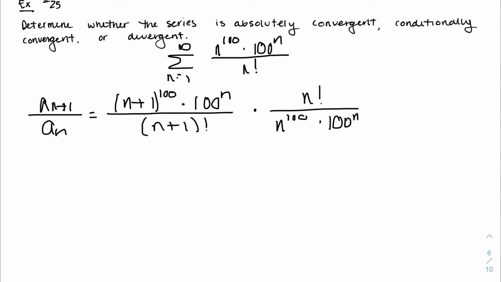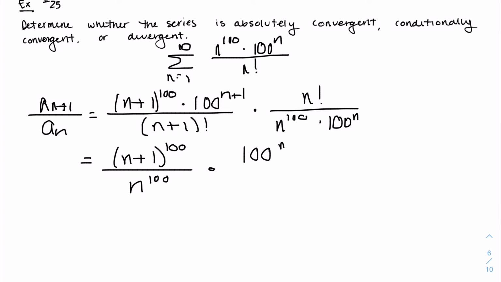So we're going to go ahead and group the like pieces. Let's do those powers of 100 together. So n plus 1 to the 100 divided by n to the 100, 100 to the n plus 1, forgot the plus 1, over 100 to the n, and then we've got the factorials together.